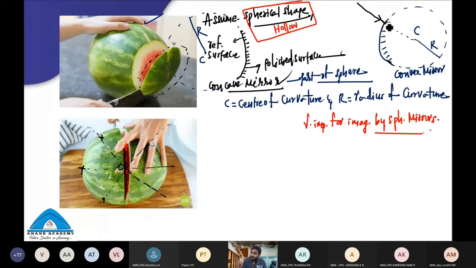Understand? Fine. Now, one more point. Listen. If I incident a light ray like this, students, it appears to pass through the center of curvature.